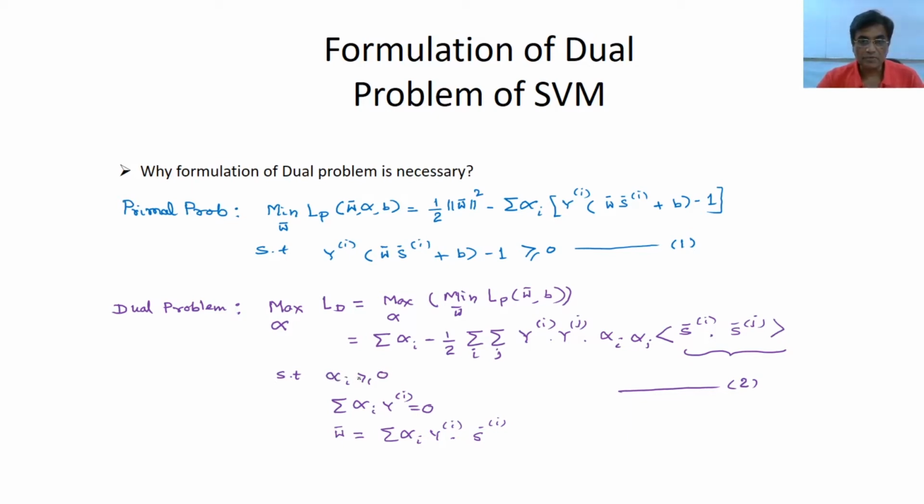They will be 0 for non-support samples but non-zero for support vectors. And this condition also has to be satisfied, because these conditions come from the primal problem. We solved the primal problem the other day, and these two conditions you have got have to be satisfied. So these are the constraints, and this is the dual problem.